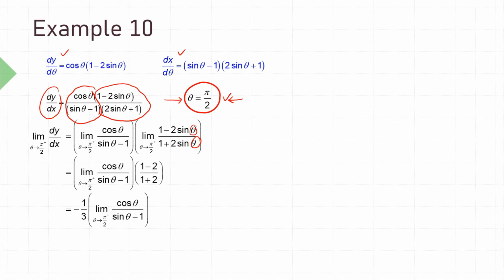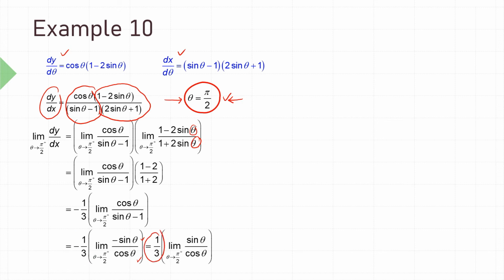You differentiate the numerator and also the denominator. So when differentiating cos theta, you get negative sine theta. Differentiating sine theta minus 1, you get cos theta. Therefore, we will have this. Differentiating cos theta gives negative sine theta, and differentiating the denominator, we get cos theta. And then I want to take out that negative, because it's just a constant there. So that one is negative 1, and negative multiplied by negative gives positive 1 over 3.